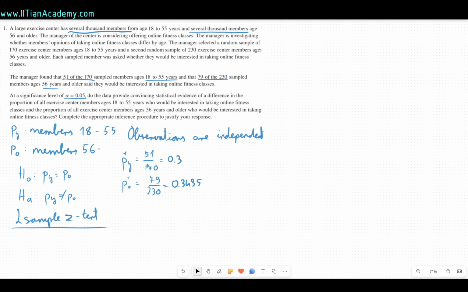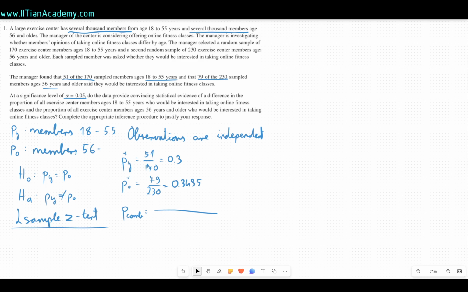And then we can calculate a combined proportion, basically a weighted average of these two groups. So P combined. It's a weighted average, and we weight it with the number of people that took place.